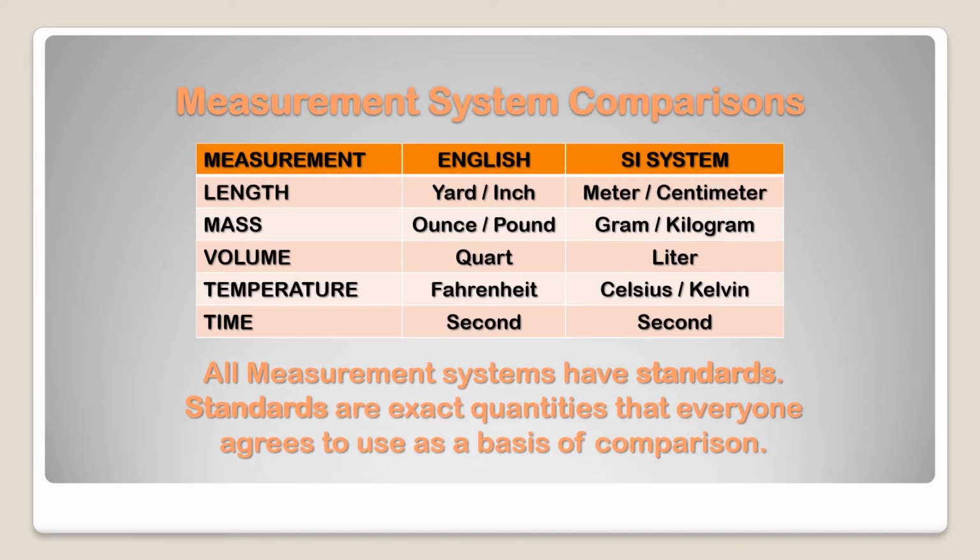So all measurement systems have standards, and these give you a little bit of a comparison between the English system that we use in America and the SI system that's used predominantly around the world. So yards are like meters, inches are like centimeters, ounces are like grams, pounds are like kilograms, quarts are like liters, Fahrenheit is like Celsius and Kelvin, and time is the same.